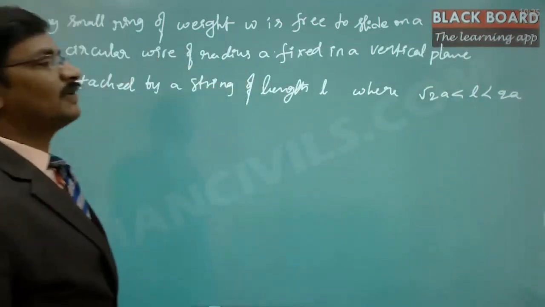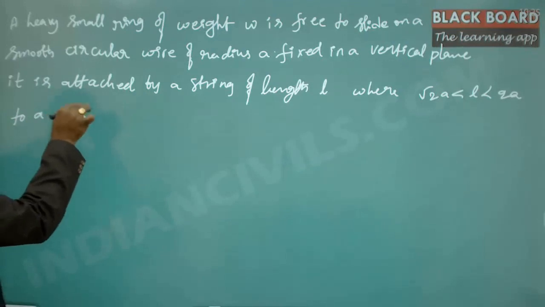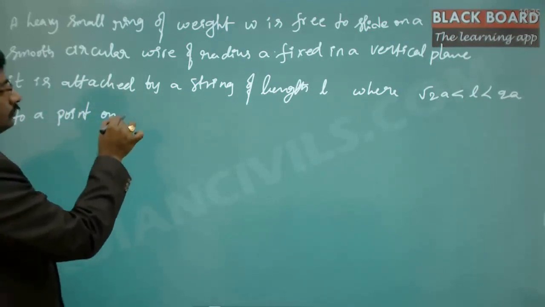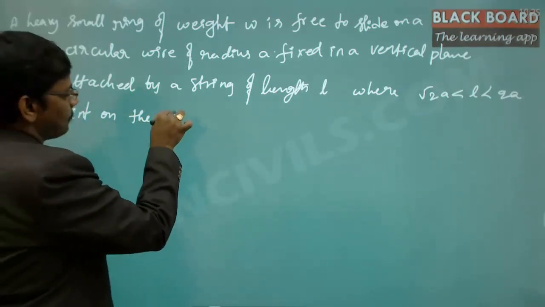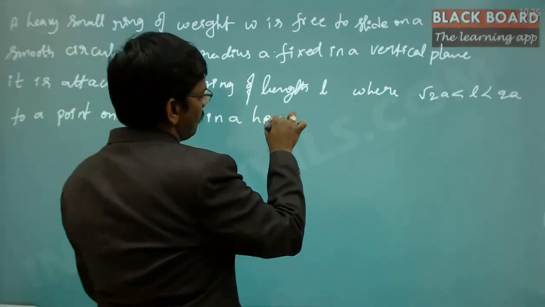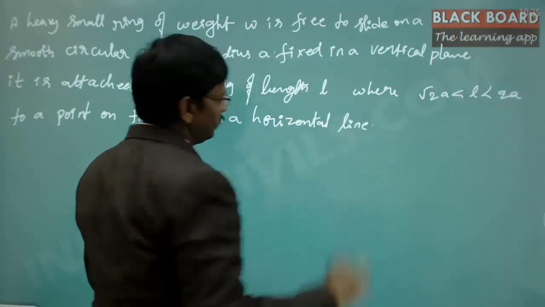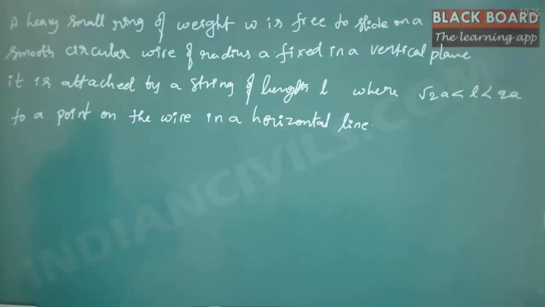So the length is in between root 2a and 2a. The string is attached to a point on the wire in a horizontal line with the center.